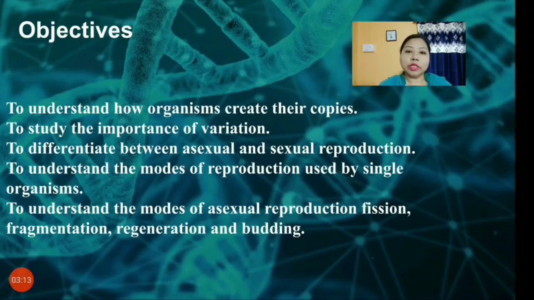Then we'll be able to differentiate between asexual and sexual reproduction. We'll understand the mode of reproduction used by single organisms, and the modes of asexual reproduction, that is fission, fragmentation, regeneration, and budding. As mentioned earlier, we will be doing the vegetative propagation part in the next class.